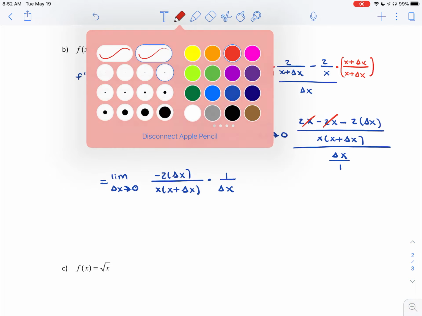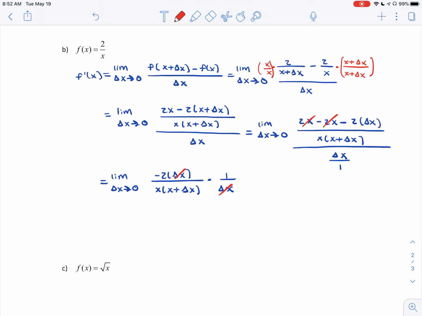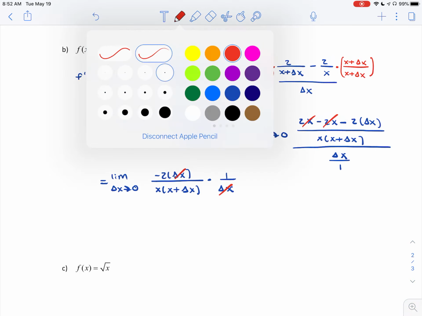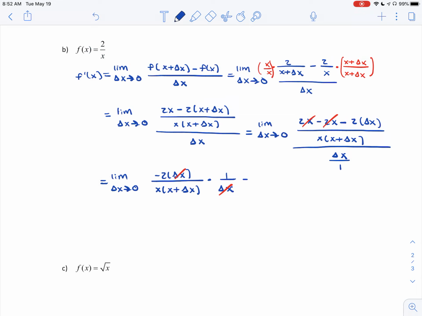But then when we do that, we can see that these delta x's just cancel out. And we'll have the limit as delta x approaches 0 of negative 2 divided by x times x plus delta x.